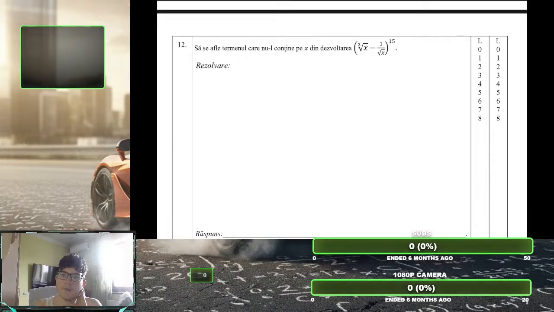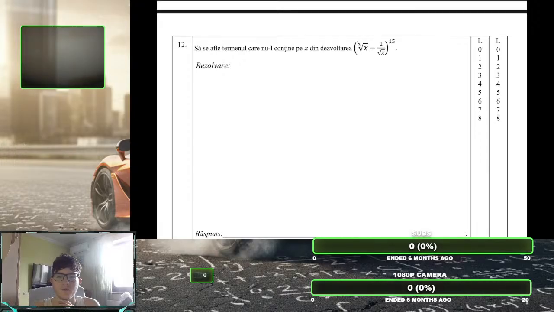This binomial. Perhaps I did something similar, but I'm not really that sure, so just do it for a bit. Find the term that doesn't contain x. So I actually have to calculate the term, and first of all we have n.